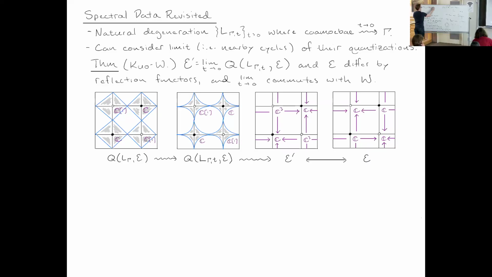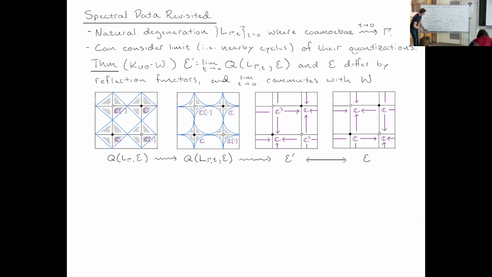So I have a sheaf on Tn times this open interval. I can push that forward to Tn times the closed interval starting at 0, and then I can restrict to just what's happening at 0 here.